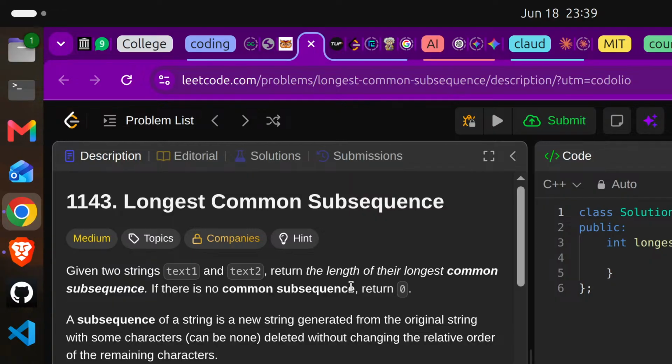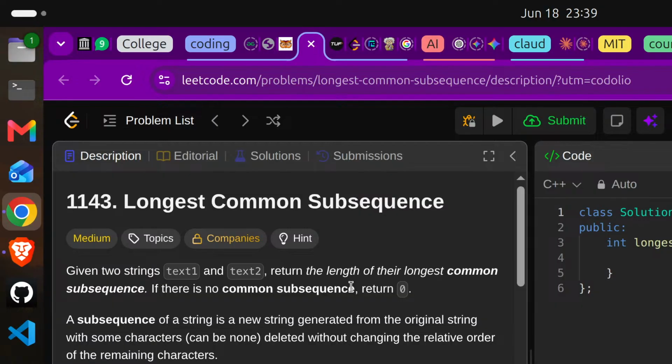After that, if S1 of i is equal to S2 of j, we return 1 plus f of S1, S2, i plus 1, j plus 1.